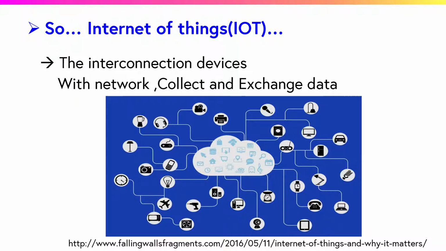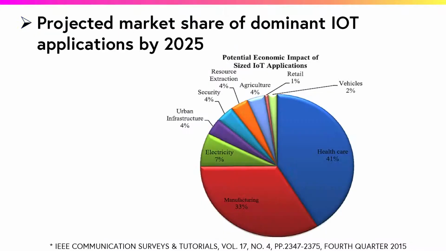In the slide you will see the URLs, the Uniform Resource Locators, in a small font. This is the source of the figures for your information, so you can refer to these web pages for more details. Okay, so this is the first part. We talked about the formal definition of the Internet of Things.